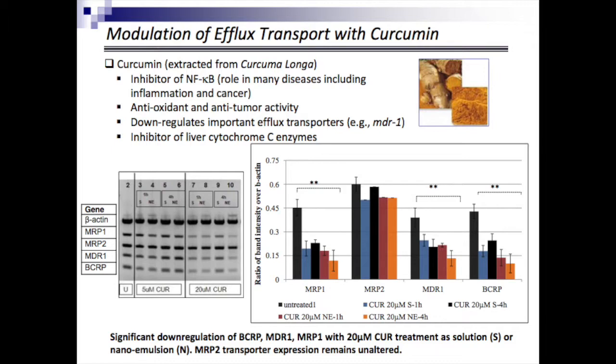But MRP2 is not changed. The levels of MRP2 are not affected by curcumin. So clearly we have been able to reduce the MRP1, MDR1, and BCRP genes, which are all very important for effluxing the drug out from the lumen of the capillaries in the brain.